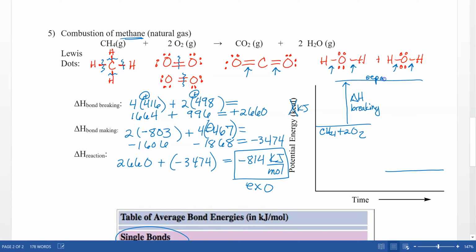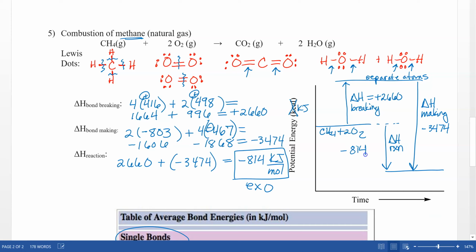The breaking delta H was positive 2660, and the making was negative 3474. The net change that goes from reactants to products is our delta H of the reaction, and that comes out as negative 814 for our delta H of the reaction.